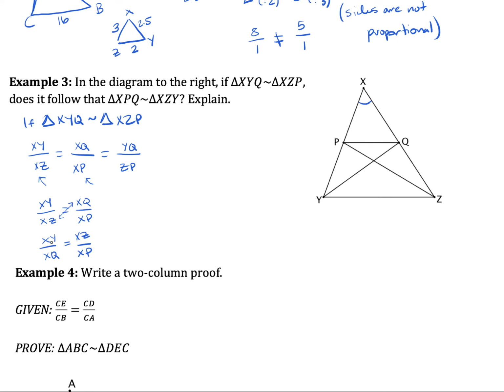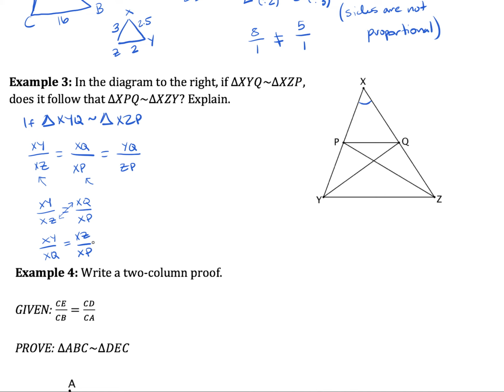Because in this first ratio, I have XY, which is a side of the bigger triangle that we're trying to look at in the similarity possibility. It has XY over XQ, which is a side of the smaller triangle. The second ratio that we now have has XZ, which is a side of the big triangle, compared to side XP, again a side of the smaller triangle.